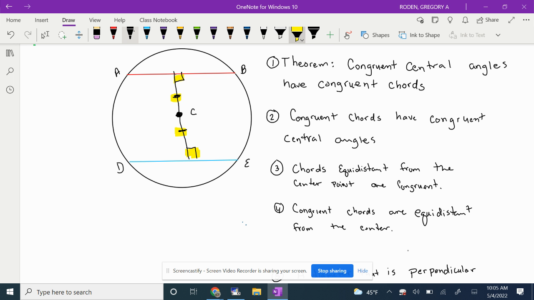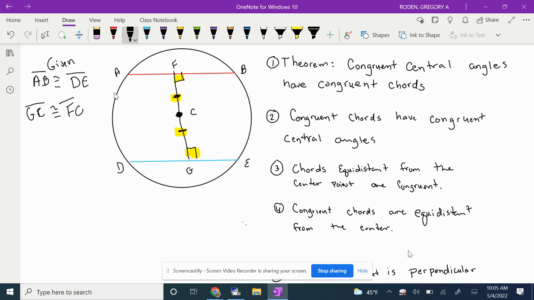We can add more letters if we want: F and G. So if I know that AB is congruent to DE, if this is given to me, what do I now know, class? Give me a statement with letters. Then GC is congruent to what? FC. Very good. Y'all see that?